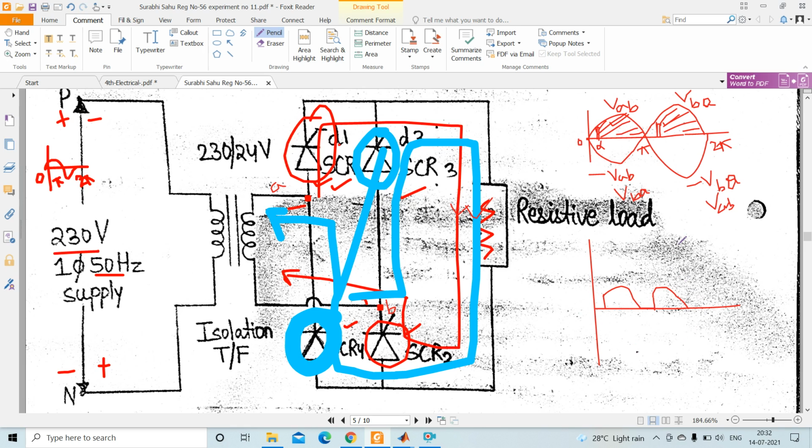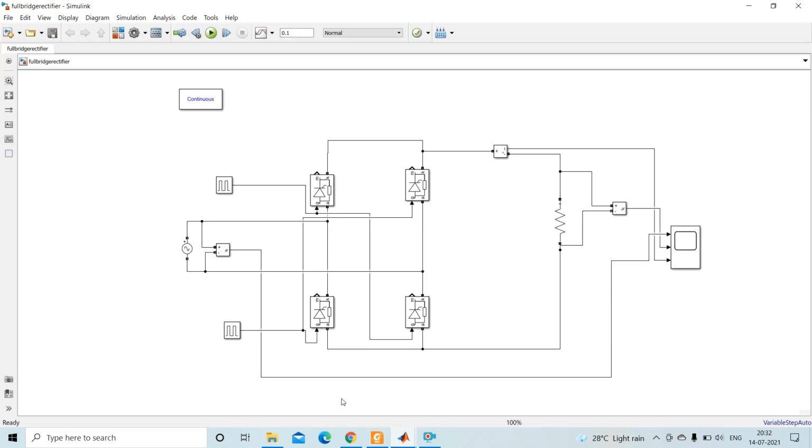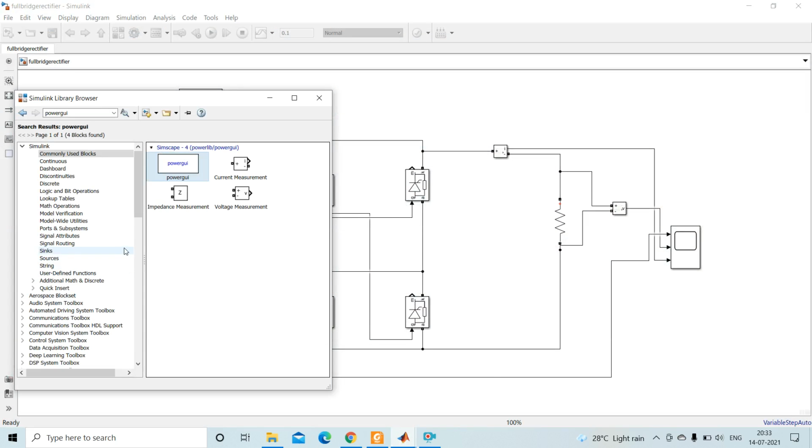Now we implement these things in the MATLAB window. Go to the MATLAB window. Here also we are just dragging these elements. How do you find these elements? This is the simulation window.